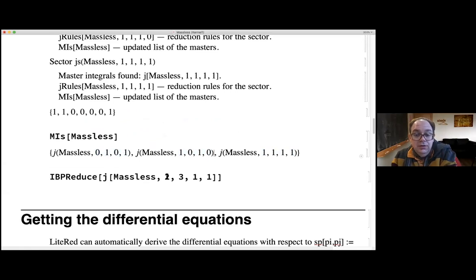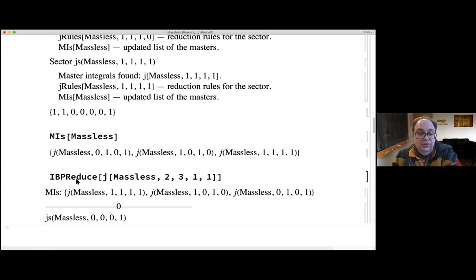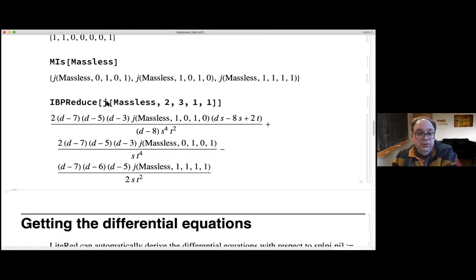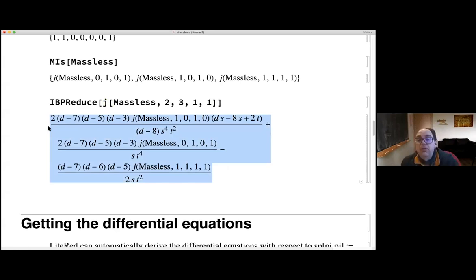And now I can give the code any other values for these 4 exponents and ask it to IBP reduce, and it will decompose that integral when nu1 is equal to 2, nu2 is equal to 3, nu3 is equal to 1, nu4 is equal to 1. It will decompose it into a linear combination of my 3 basis elements.